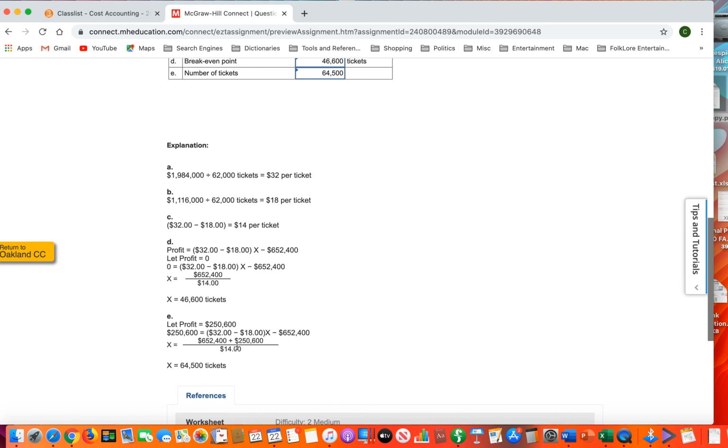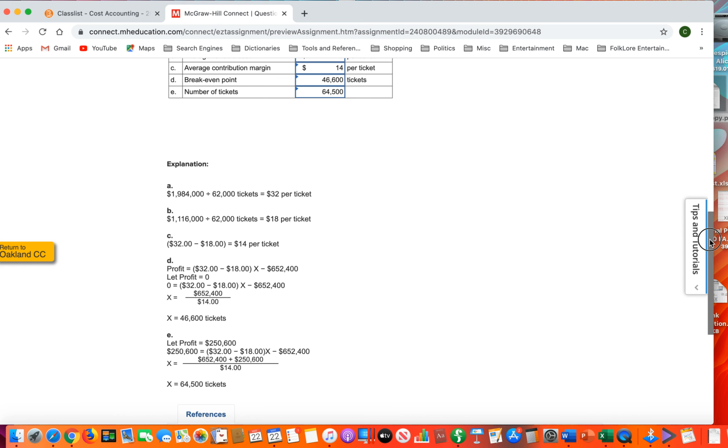You see this down here? The 652,000 is your fixed cost plus the profit you want to make. Let me say that again. The total fixed cost plus any profit you want to make. Add them together and divide by the contribution margin per unit, and that gives you 64,500.